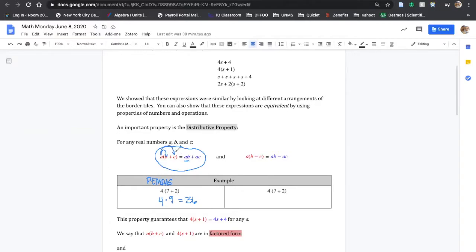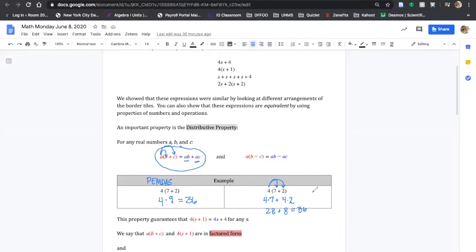A times c gives you ac. So I could say 4 multiplied by 7 plus 4 multiplied by 2, right? 4 times 7, 28, plus 4 times 2 is 8, 36, right?